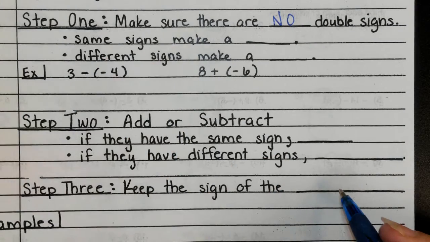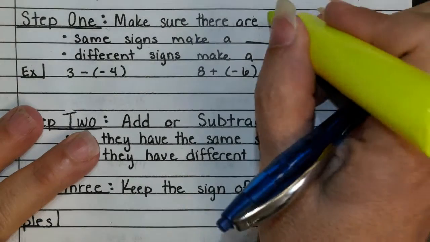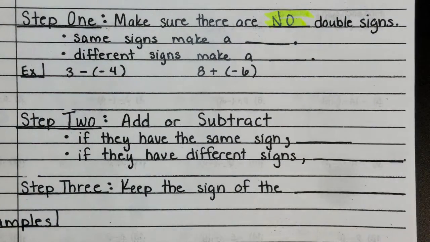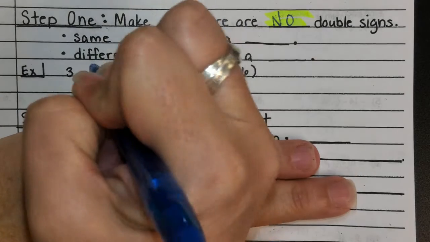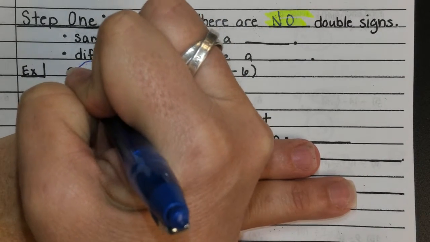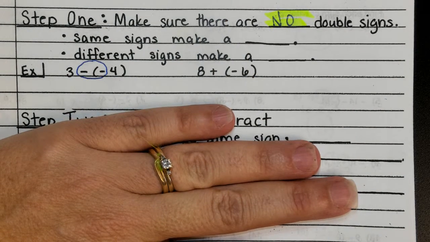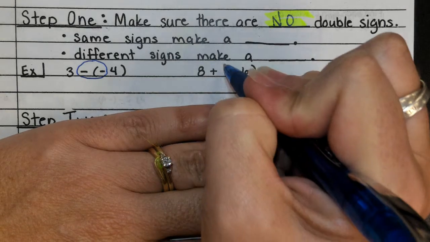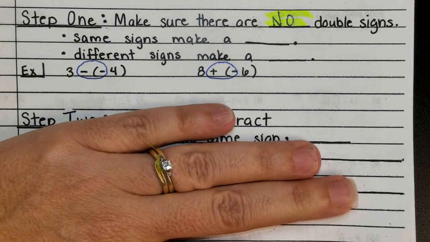Basically, that's the first thing we want to clean up, any double signs. Double signs are in these two problems. These are the double signs, these two, and what I mean is double in the middle. I'm going to be circling them. I think it just helps if you circle them, because we're going to change them.